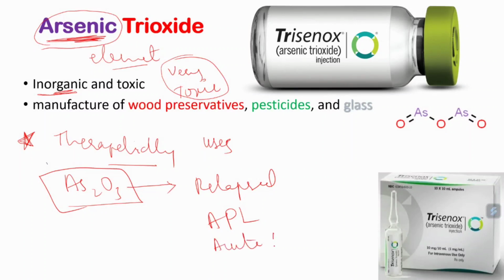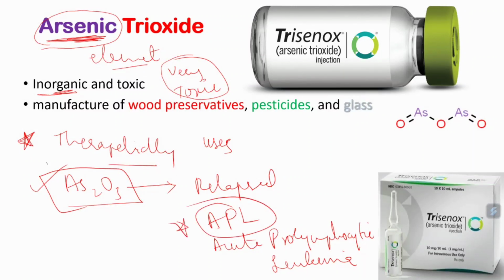So arsenic is an element which is very toxic, and despite its toxicity, sometimes arsenic trioxide is used in hospital, particularly for relapsed APL. This point we have to remember.